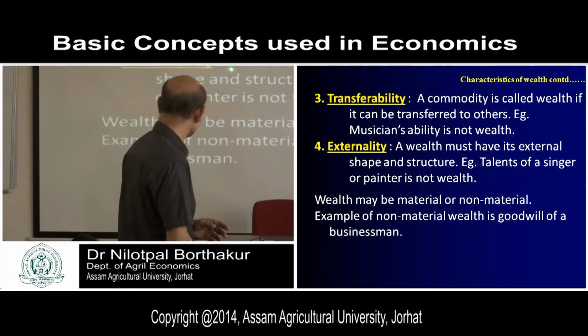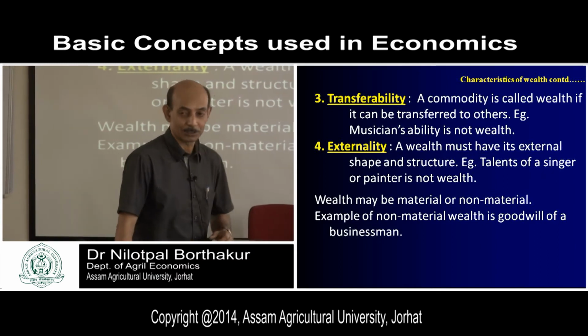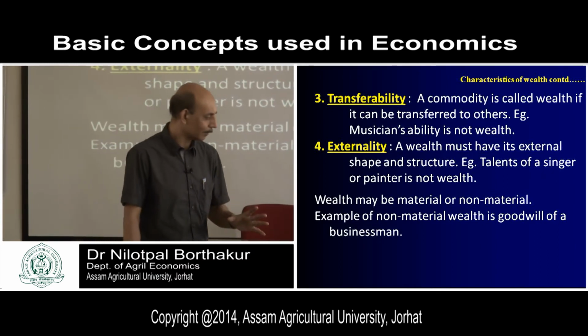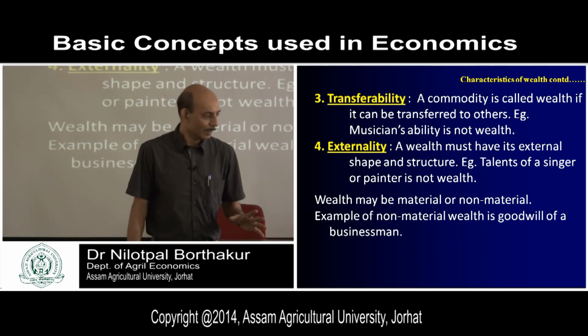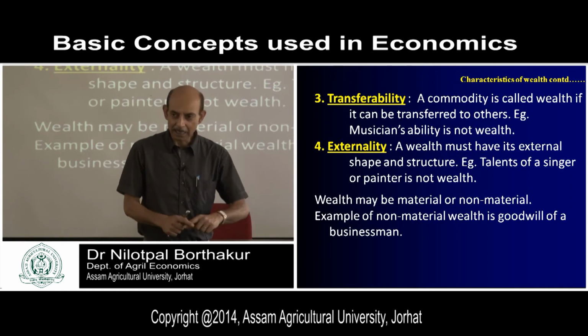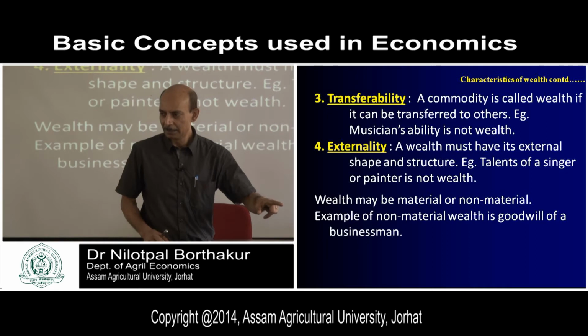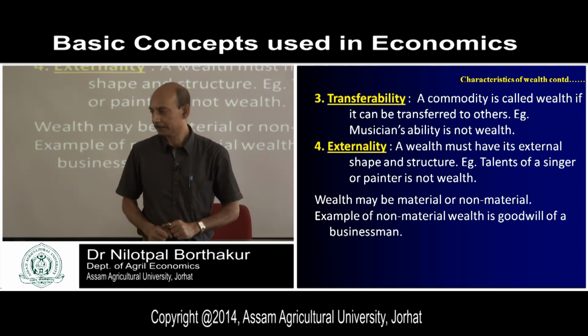Similarly, externality is another condition: wealth must have its external shape and structure. Unless a good or a commodity has external shape and structure that can be transferred to someone who has the utility, that commodity is not called wealth.